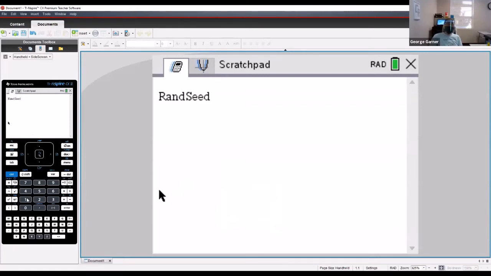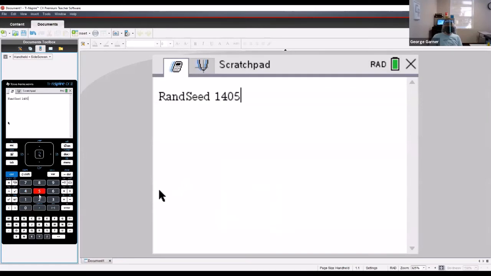But I want us all in lockstep, so just type in 1405 and hit enter. Now we should all get the same answers. I think it will work the same on the TI-84 type calculators. But anyway, let's go into the actual number generation.